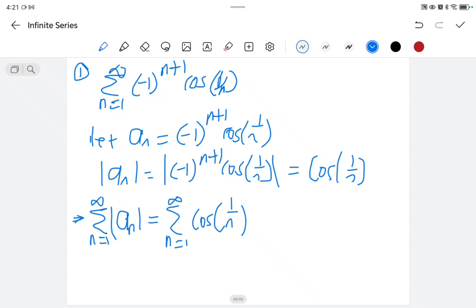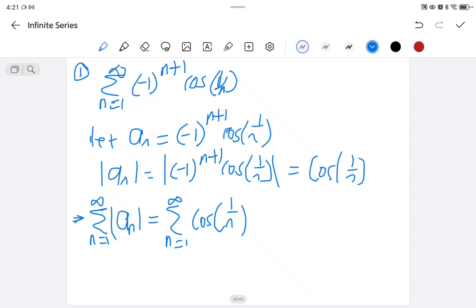Let me check. If we have cos of 1 over 1, it would be 0.54, then 0.87, 0.94, 0.96, 0.98. So would this converge or diverge?